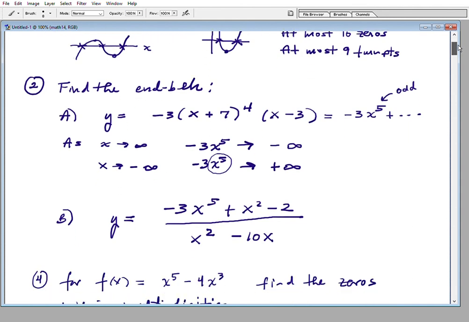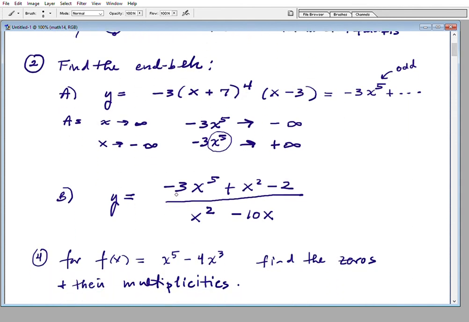All right, here we have end behavior for a rational function. So we have to look at the highest order term on top divided by the highest order term on the bottom. All right, so let's say as x goes to infinity. So we're looking at minus 3x to the 5th over x squared. Okay, that's minus 3x cubed.